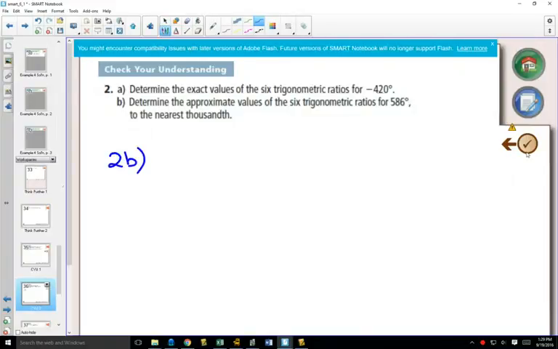So for 2b, you've got 586 degrees. You want to take out your calculators and determine the 6 trig ratios for that.